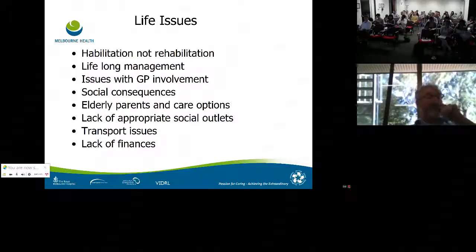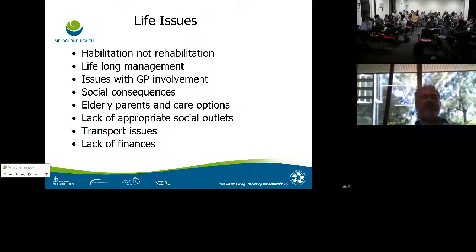GPs need to be very much involved in terms of the longer-term care for all the other non-specific things that happen to this group of patients. And there are social consequences both early and late, especially as people age.